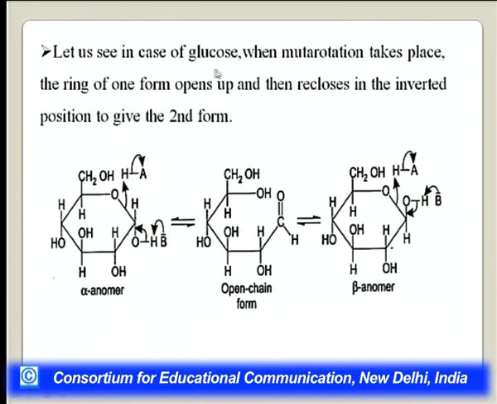Let us see the case of glucose. When mutarotation takes place, the ring of one form opens up and then recloses in the inverted position to give the second form, that is the beta form. You can see this is the alpha anomer of glucose, alpha D-glucopyranose.